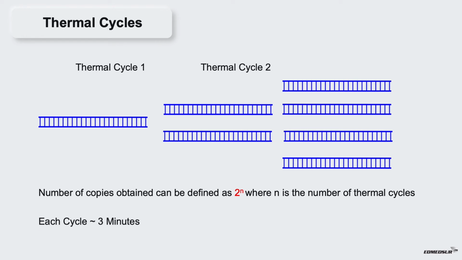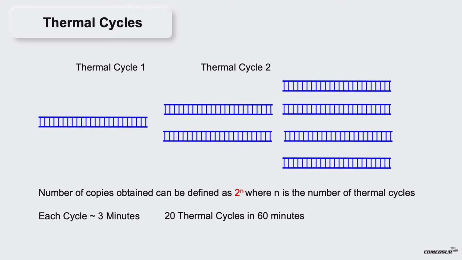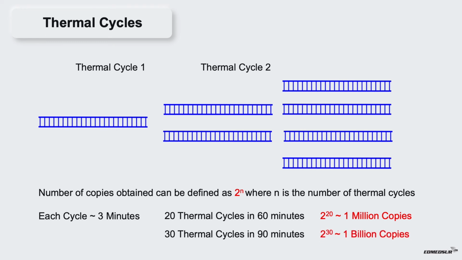If each thermal cycle takes about 3 minutes and we run PCR for 20 thermal cycles in 60 minutes, then the number of copies produced would be 2 to the power 20, which is about 1 million. And if PCR is run for 30 cycles, which might take about 90 minutes, then the number of copies produced would be 2 to the power 30, which is about 1 billion. This way, PCR can be used to quickly amplify an extremely small amount of DNA sample.